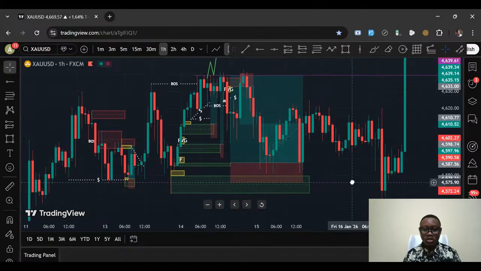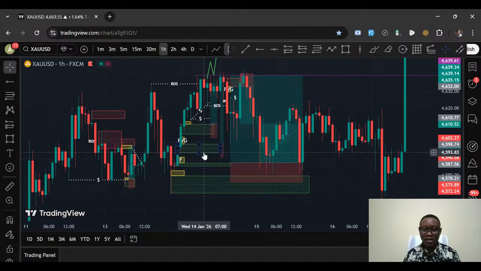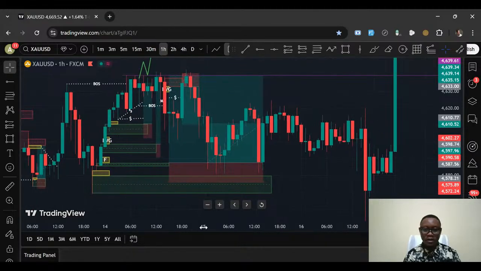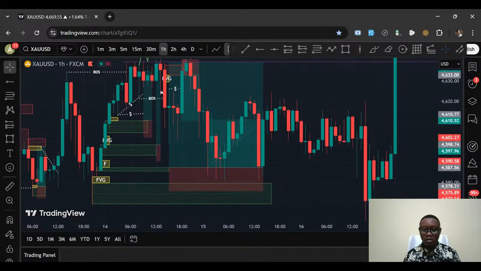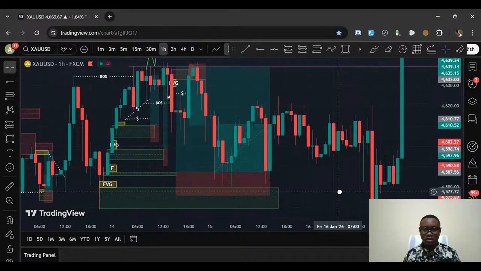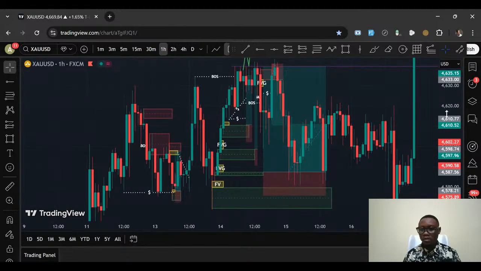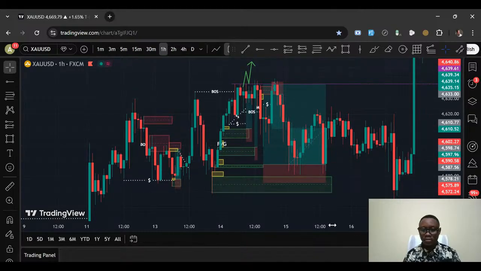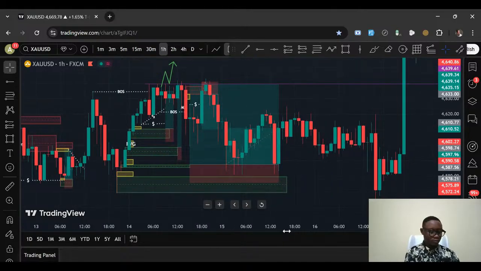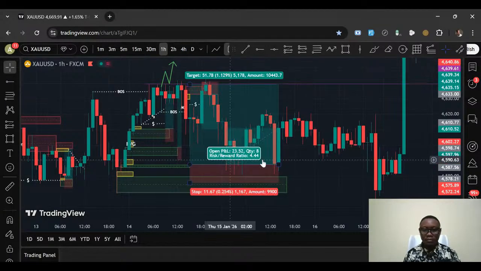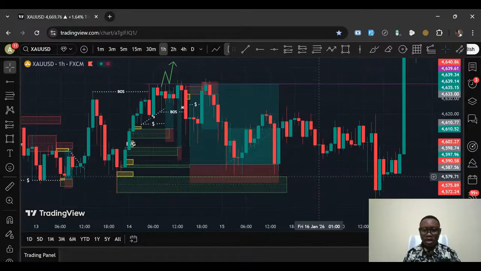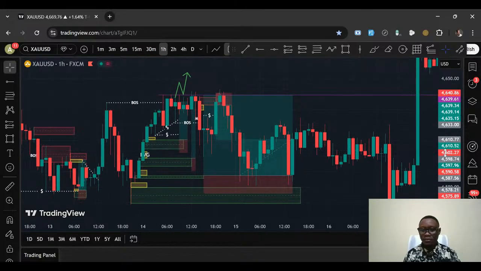All right. So we highlighted these levels in our last session as our area of interest. You can see it here. Let me zoom in a little. Okay, and look at what price did, right?